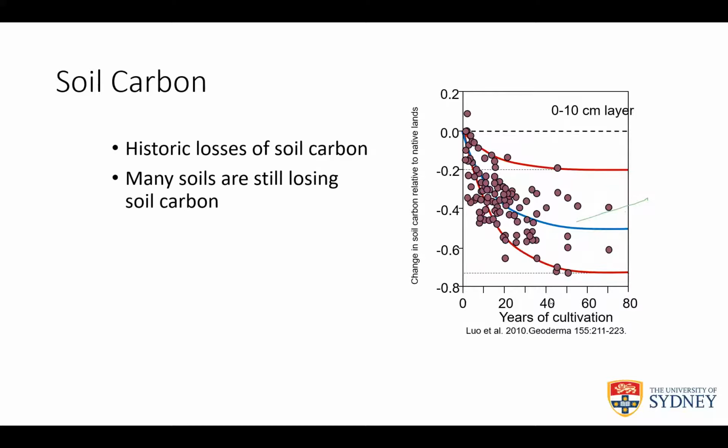So this is year 0, before it is cultivated. And this is how many years after cultivation: 20, 40, 60, 80 years. This is the change in carbon relative to the native land, the native pasture. That means that after around 20 years, you already lose about half of the carbon from your original soil.